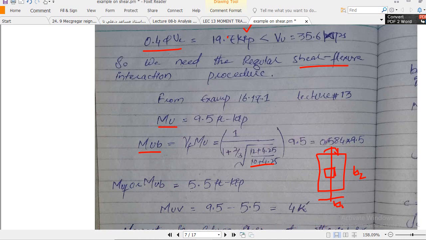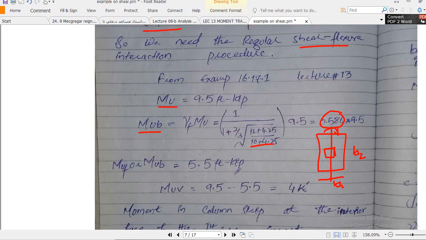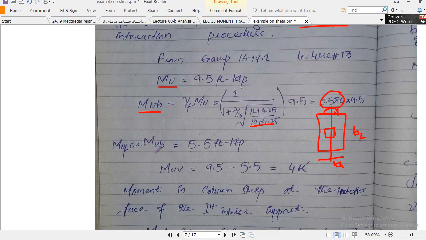So the gamma f, you see here, is 0.58, and 58% of the moment will be transferred by flexure. The moment MUF or MUB is 5.5 kip feet, and MUV will be the total unbalanced moment minus this moment, which is 4 kip feet.